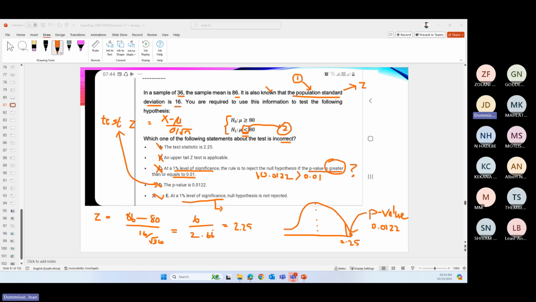P-value bigger than that, so 0.0122 is bigger, so we do not reject the null hypothesis. Thank you. That's why I said this one feels wrong, option C.